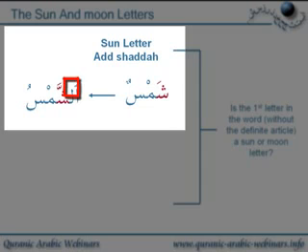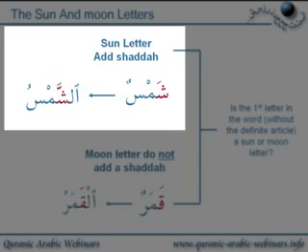And the reason is we're joining effectively the fatha that would normally be read on top of the hamzatul wasl directly to the letter with shadda. So instead of saying al shamsu, we will have to read this as ash shamsu.